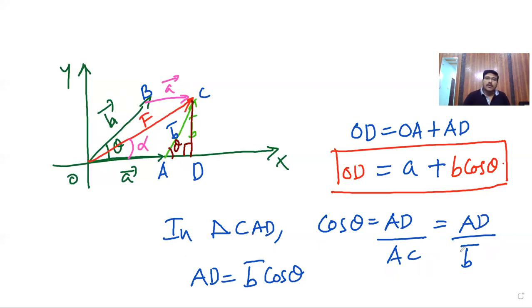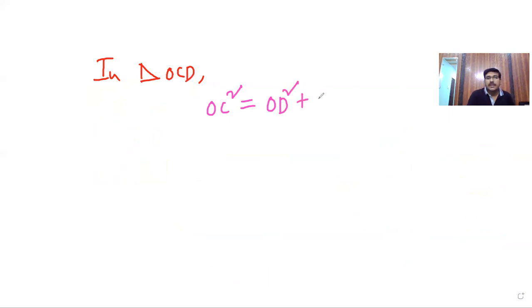Okay. Now, in the earlier right angle triangle OCD, I am interested in the resultant. OC square, the resultant square, is OD square plus what? I am drawing here.